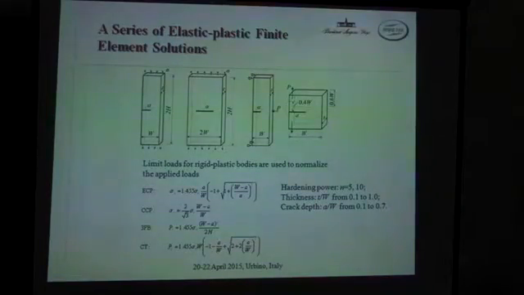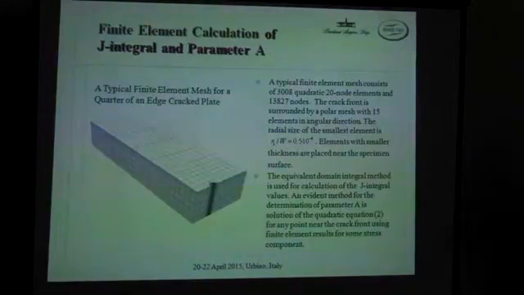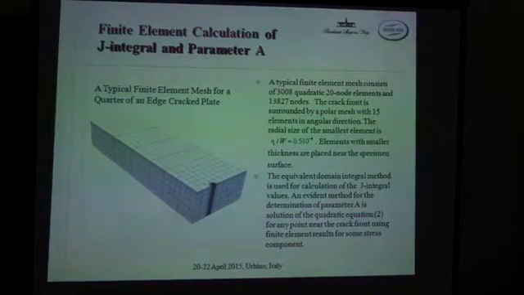All parameters of fracture mechanics were normalized for limit loads, which is given by the following equation for this configuration of specimen. The typical finite element mesh for a quarter of the edge crack panel is given in this figure, and details of the finite element calculation are given in the paper, so I would not like to discuss this.